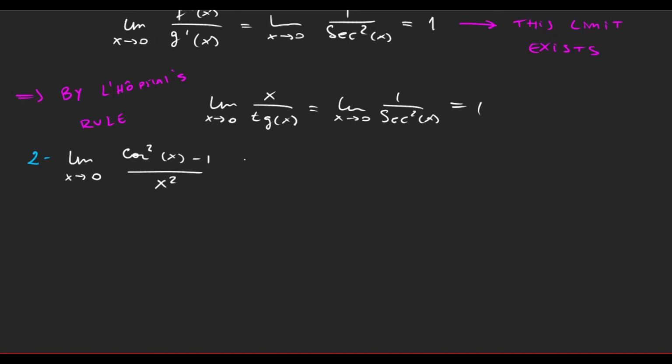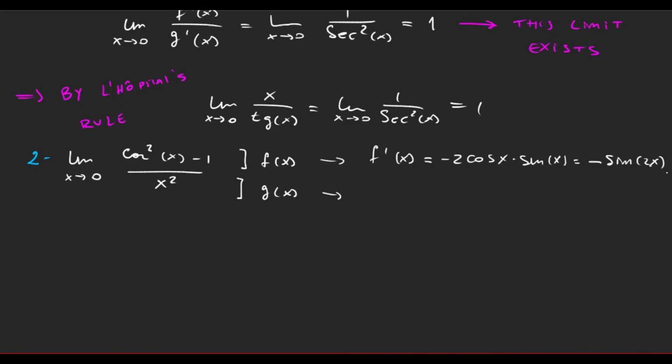So as before, we call this function f of x and this other function g of x. We calculate the derivatives, so f prime in x is going to be minus 2 cosine of x times sine of x, and we can rewrite this as minus sine of 2x.